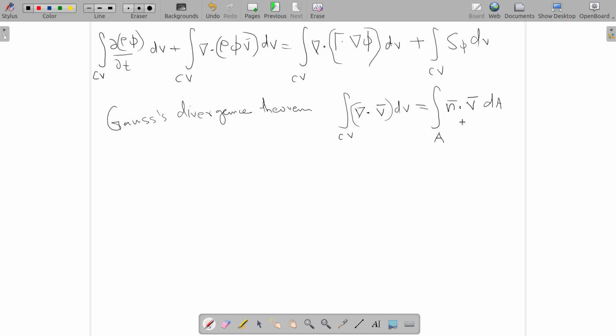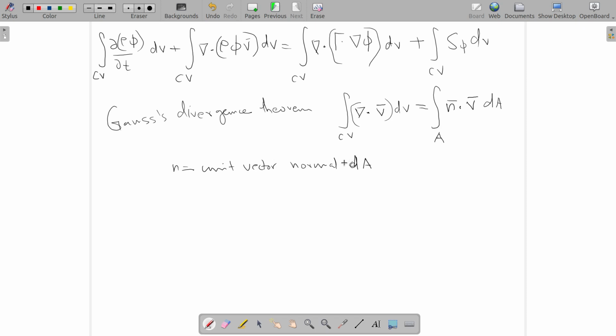So n is a unit vector normal to dA at any point.